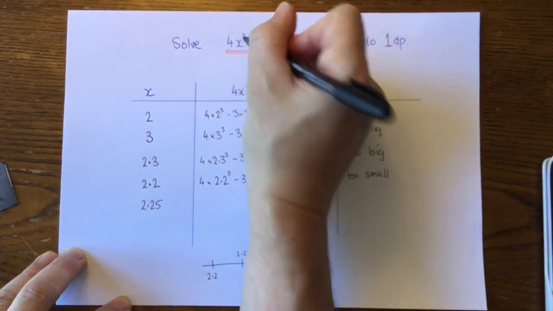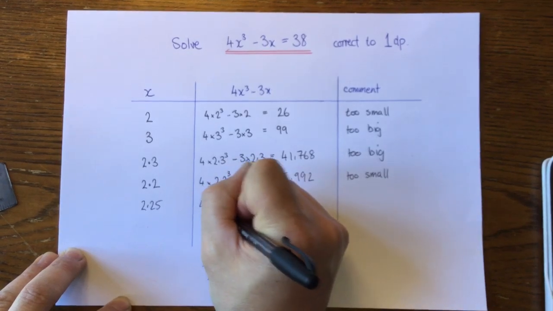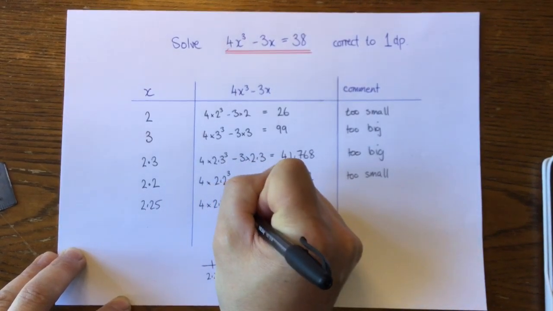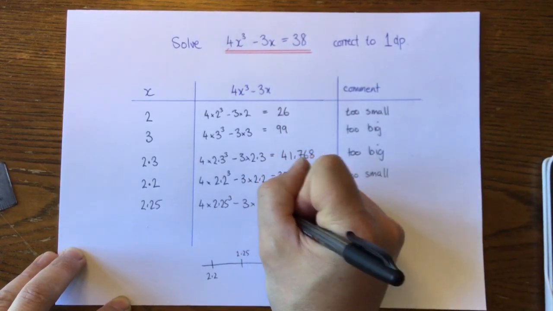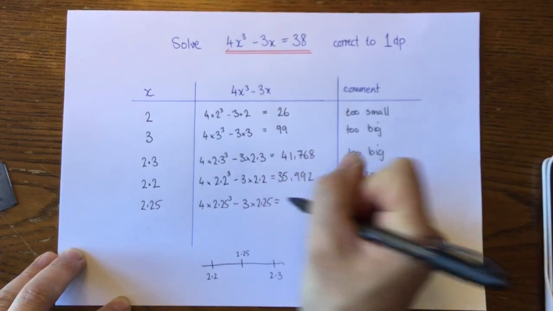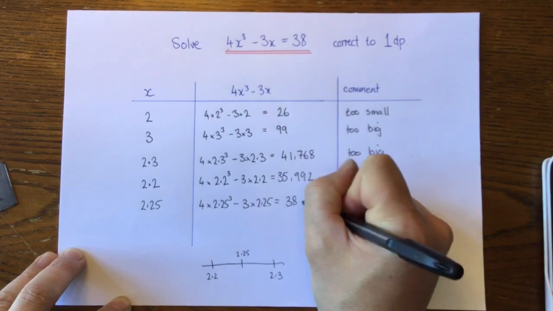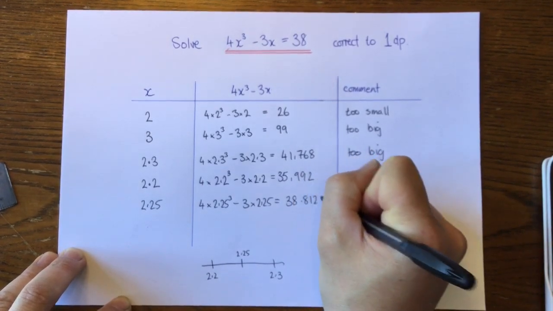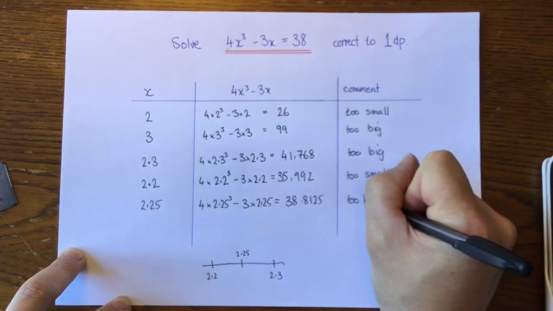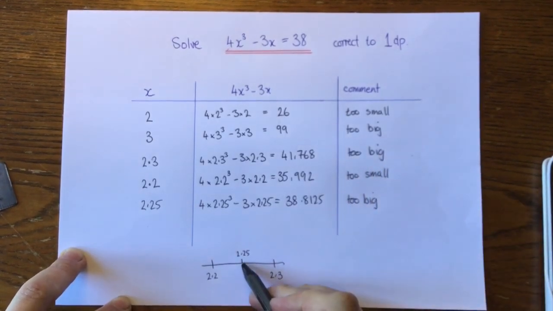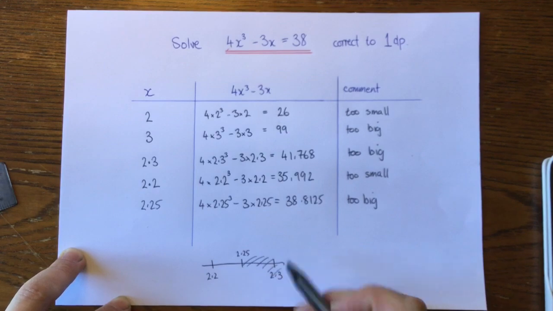So 4 times 2.25 cubed minus 3 times 2.25. And that gives me an answer of 38.8125, which is close, but it's still too big. So this gives me an answer that's too big. This is all not needed.